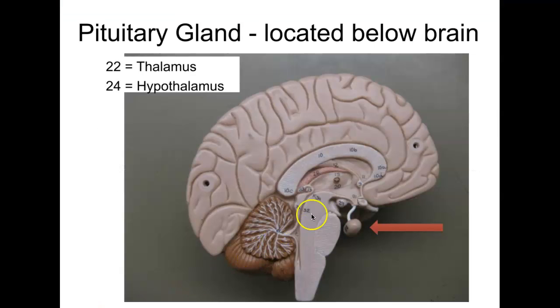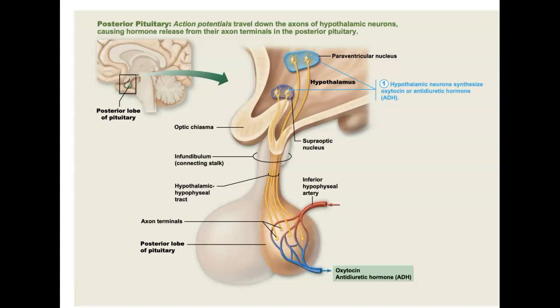Oh, perfect. And so there's a nice picture of the brain. And you can see the pituitary hanging down there from the infundibulum. You can see the thalamus and hypothalamus. 24 is the hypothalamus. Perfect. And so here is a nice picture of the pituitary.